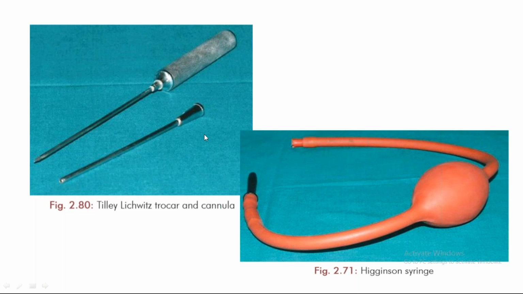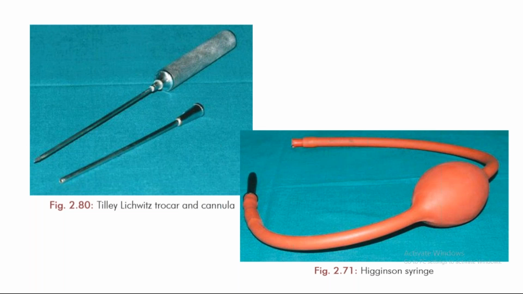You insert it 1.5 centimeter posterior to the anterior end of the inferior turbinate, and there you puncture, with screwing movements, drilling with your hand. It is always directed towards the lateral canthus of the eye.